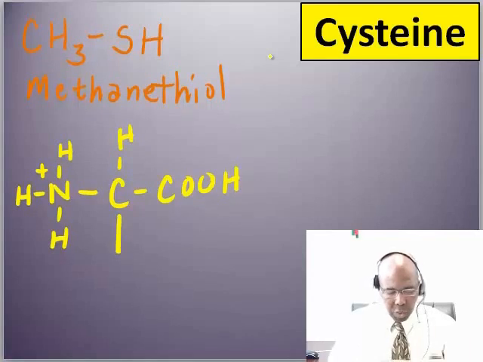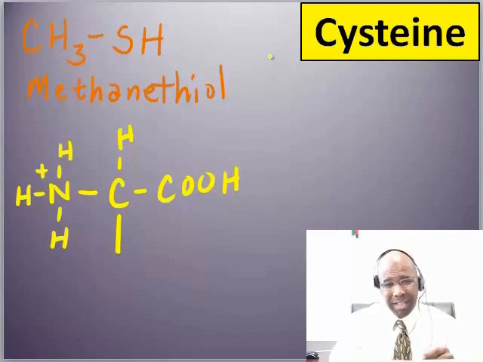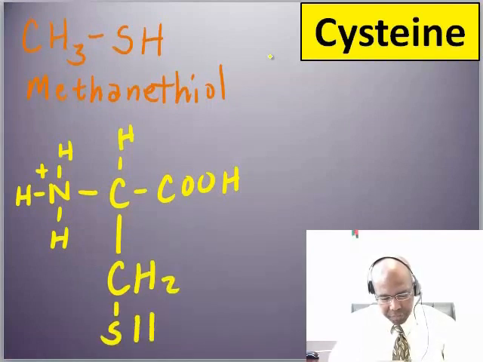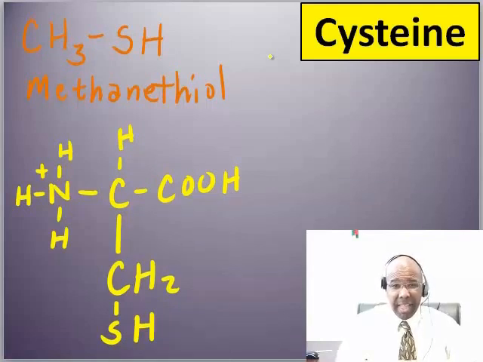And now we're going to attach methane thiol to this amino acid skeleton. So our methyl group is going to attach here, CH2, and now SH. And this is the amino acid cysteine. Really simple one. You just have to remember methane thiol. That's the tough part.